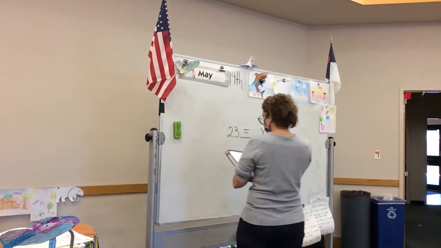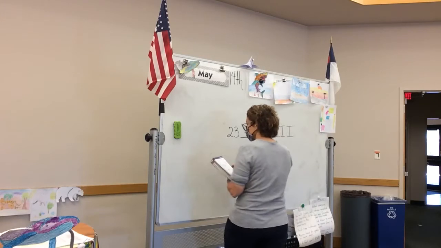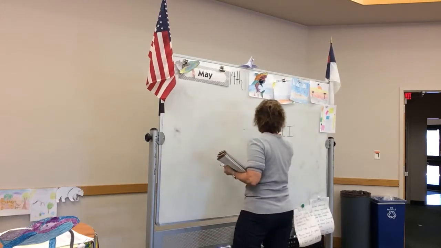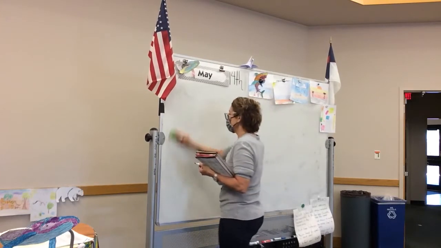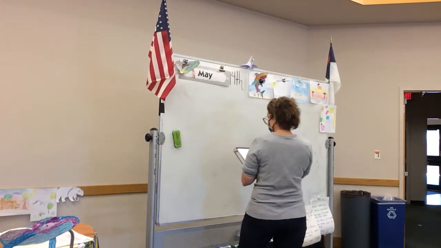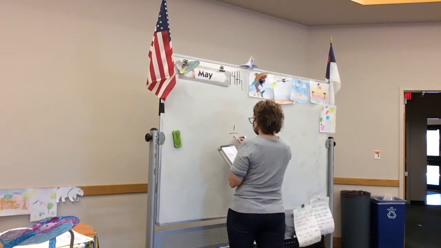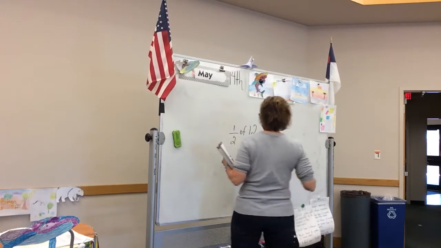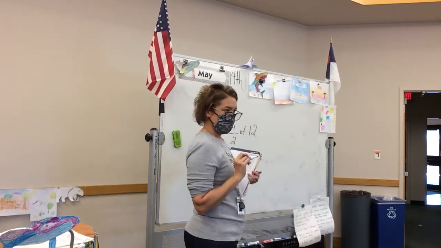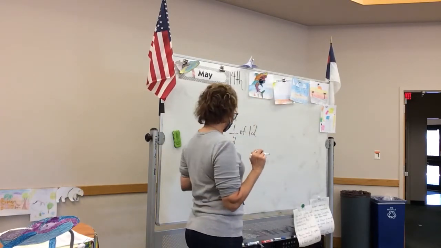All right, now, I'm just going to erase this. Tell me when you see this, what you automatically should think, what are you going to do when you see this? A fraction with a whole number. What am I going to do? James?